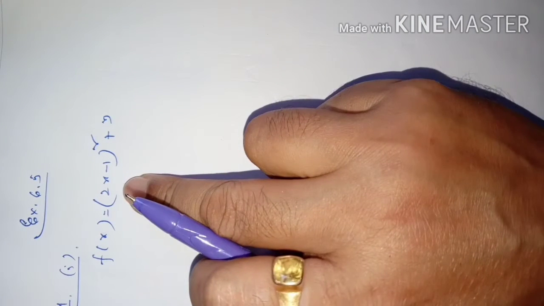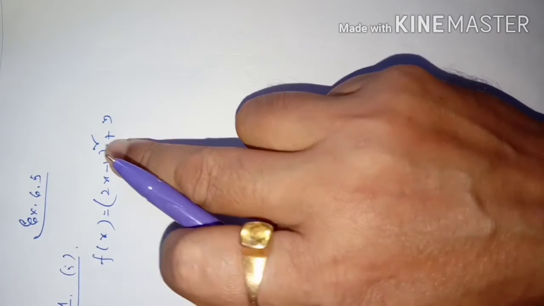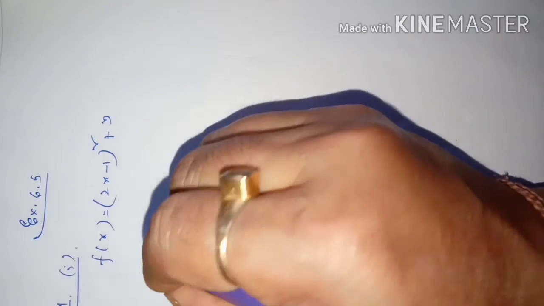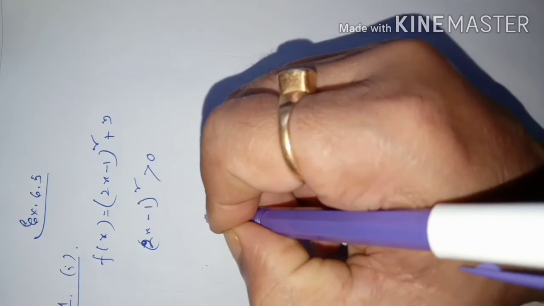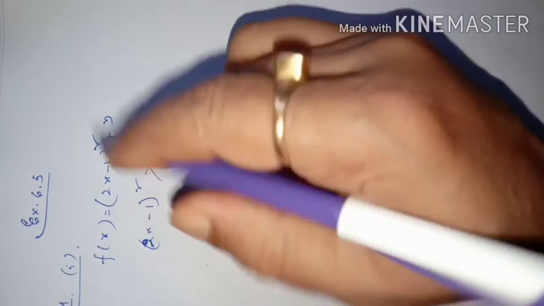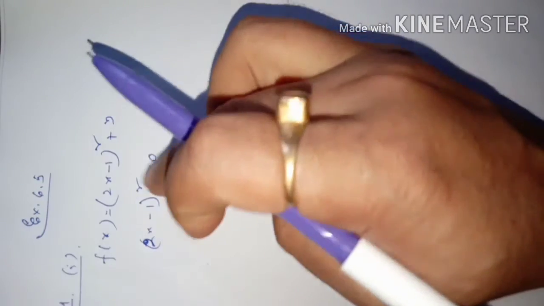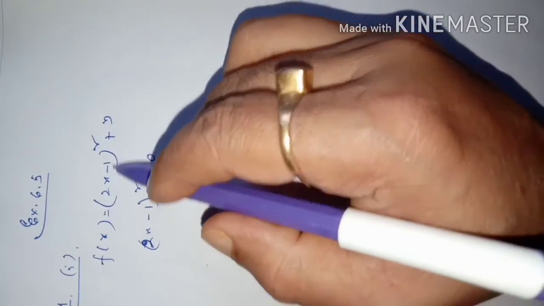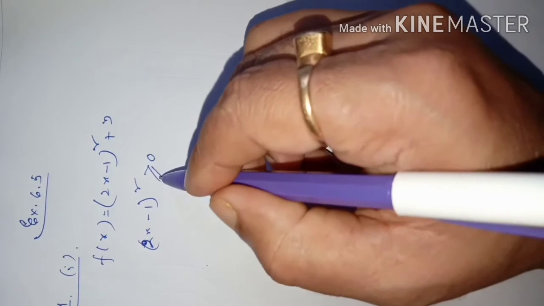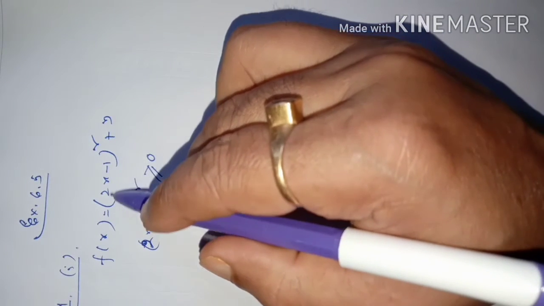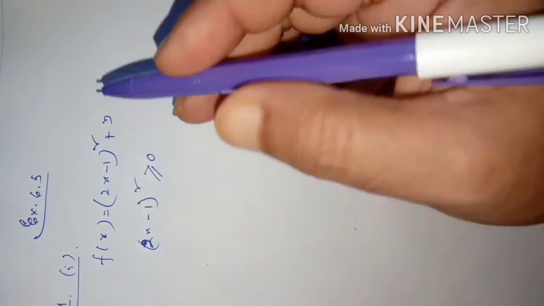So dear students, just look at this portion, 2(x - 1)^2. It is always a positive number. 2(x - 1)^2 is always greater than or equal to 0. So that means the minimum value of this 2(x - 1)^2 is equal to 0.